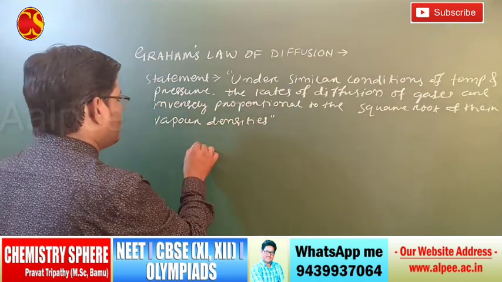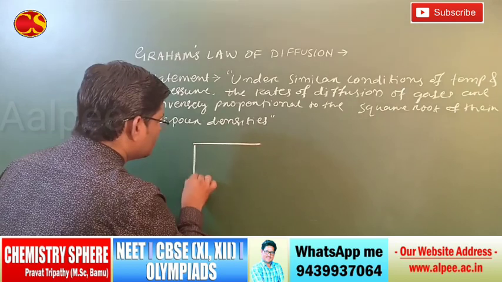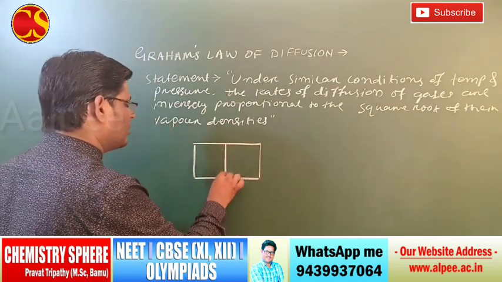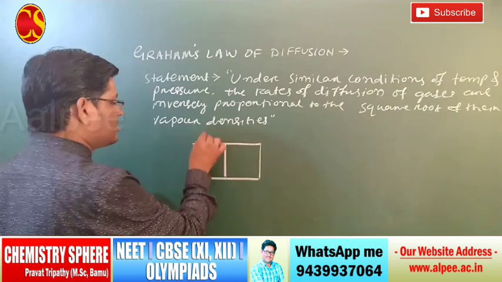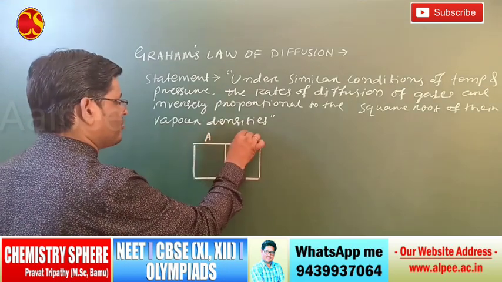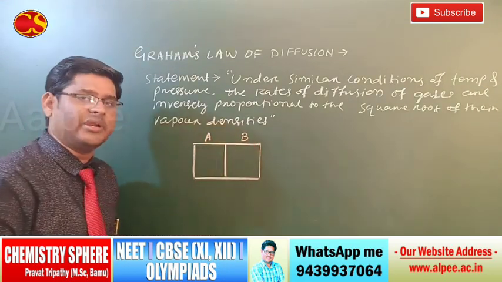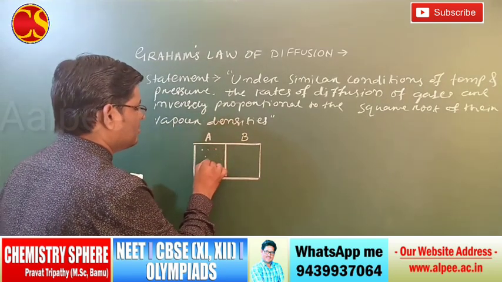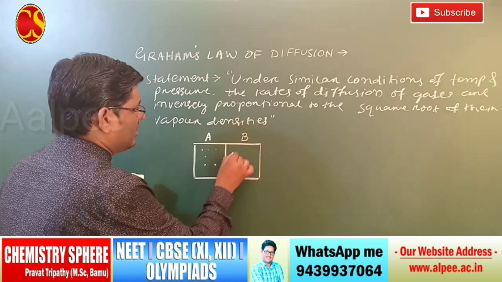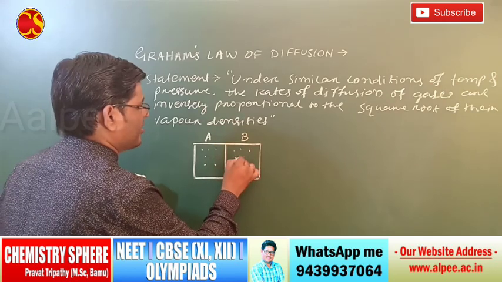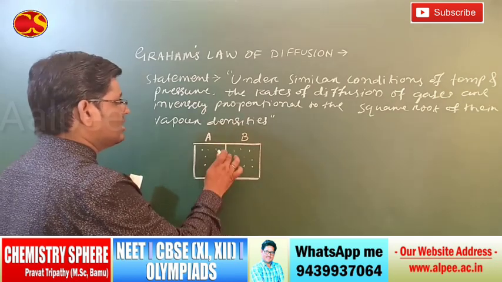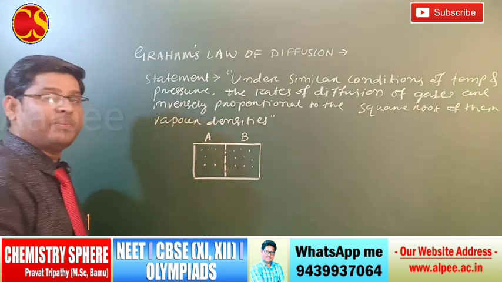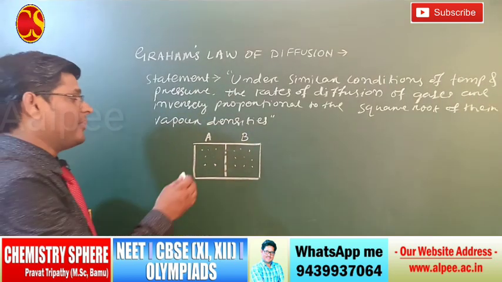Friends, suppose this is a container and it is separated into two parts. This is your A part and this is your B part. Both are two compartments, A and B. Here one gas is present, and here another gas is present. Suppose there is a connection between the A and B compartments.